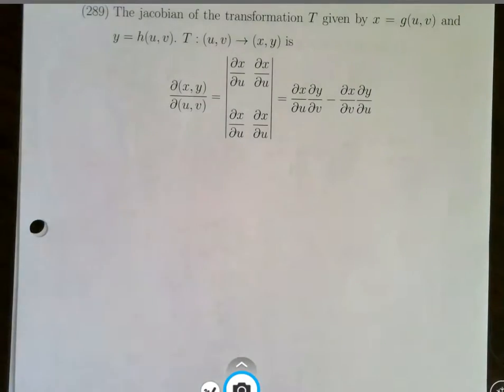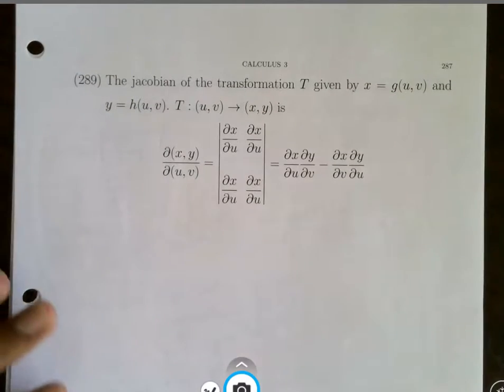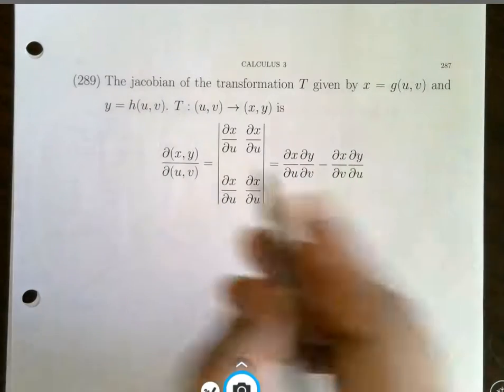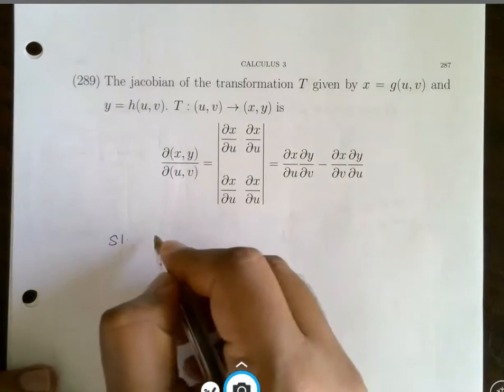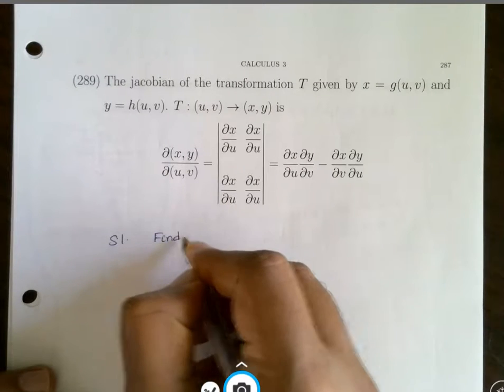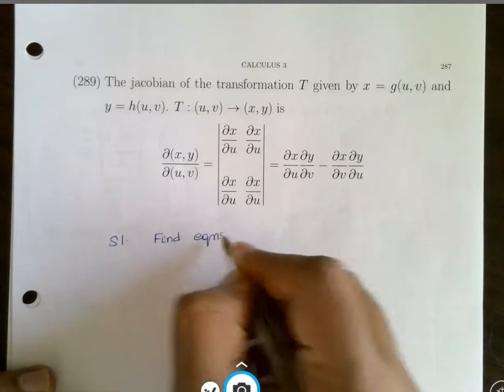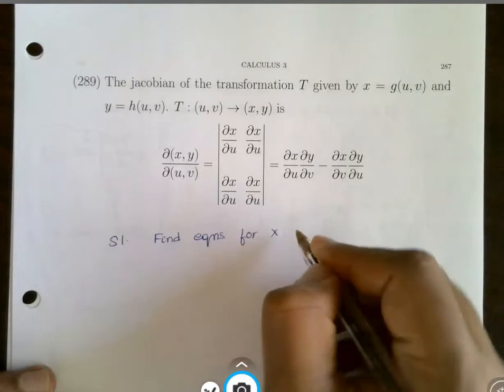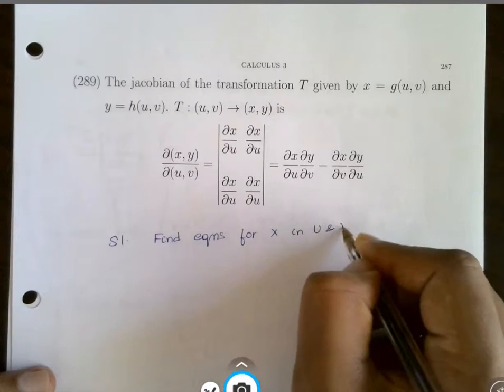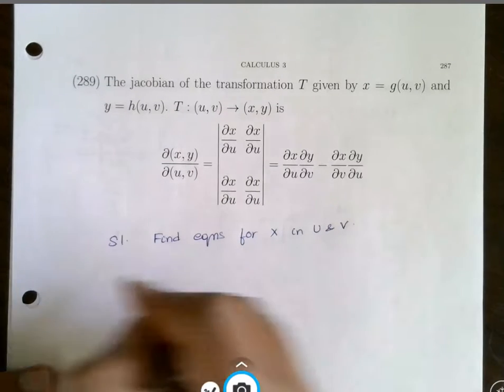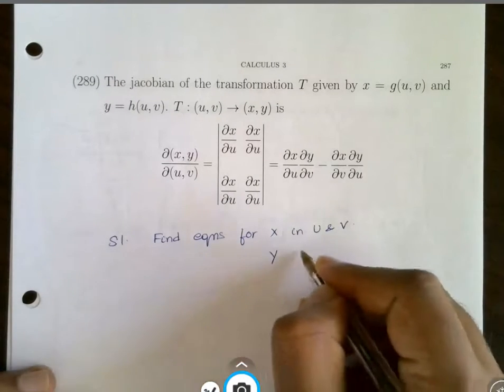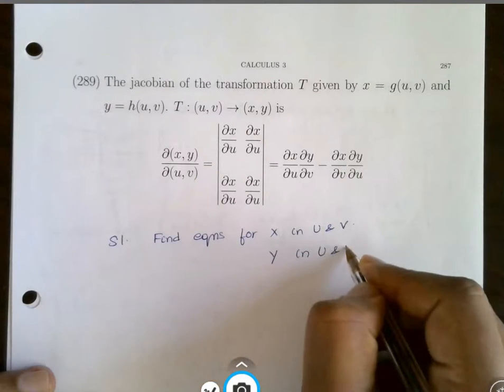How would you make the transformation? Step one, you find equations for x in u and v, and find equations for y in u and v.